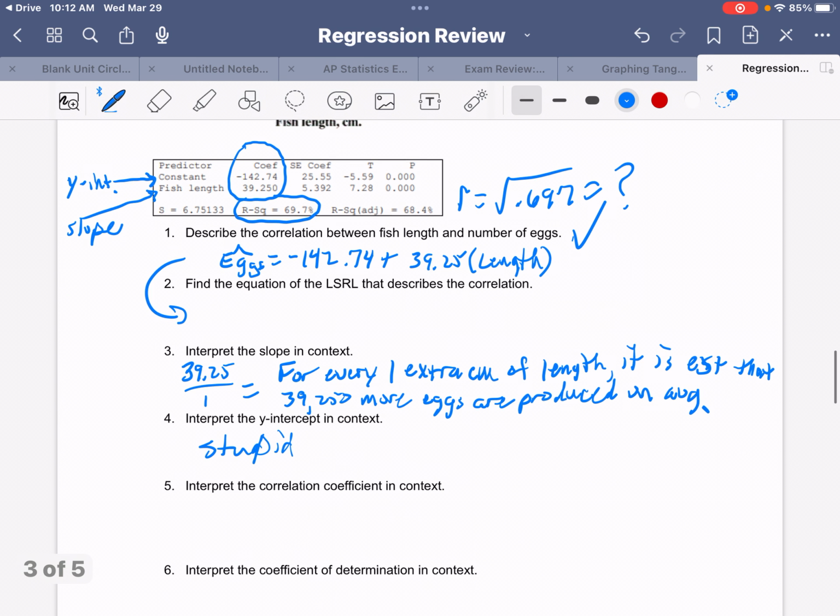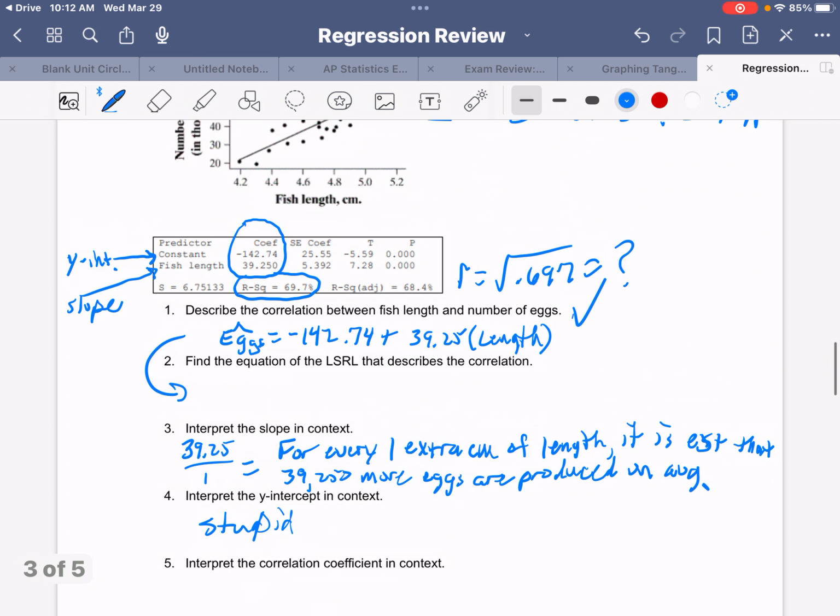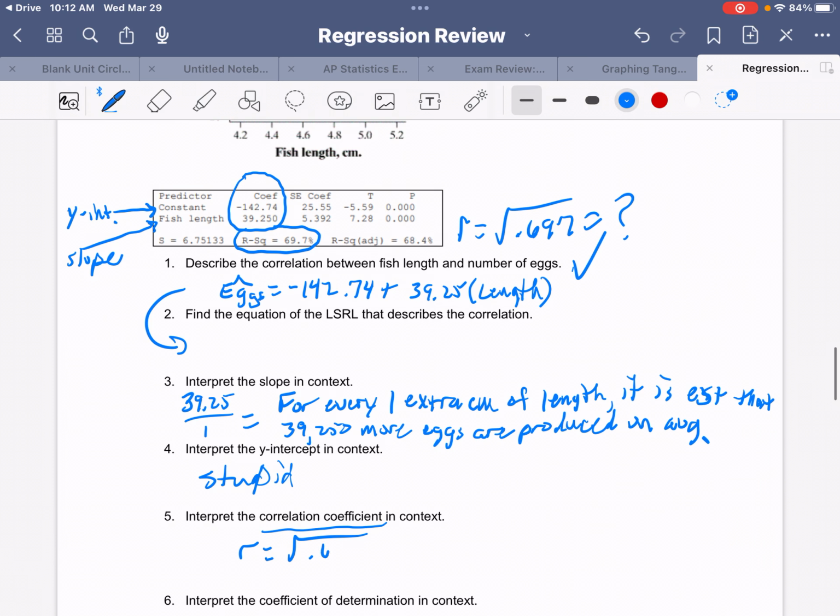Interpret the correlation coefficient. Oh, we needed r. So r equals the square root of 0.697. If I grab my calculator real quick and see what I get, 0.83.